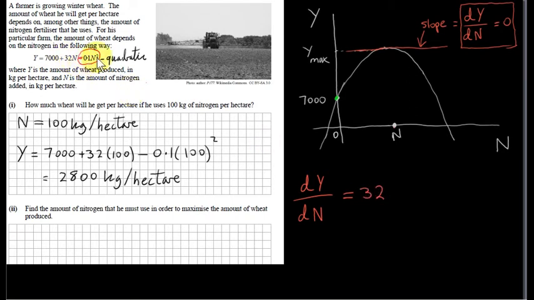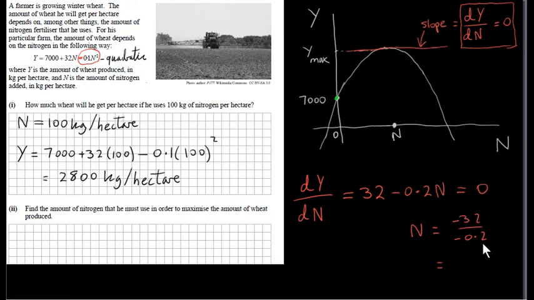When we differentiate minus 0.1n squared with respect to n, we multiply the power, which is 2, by minus 0.1 to give minus 0.2. Multiply by n to the power of 2 minus 1, which is 1. We put that equal to 0 and we solve for n. So n equals minus 32 divided by minus 0.2.